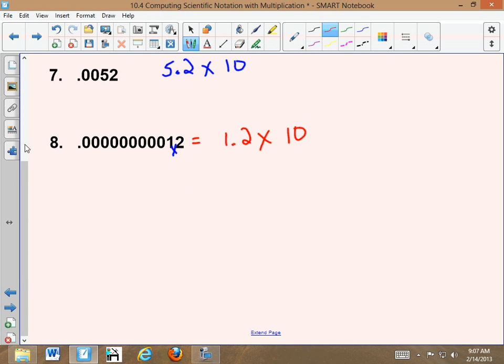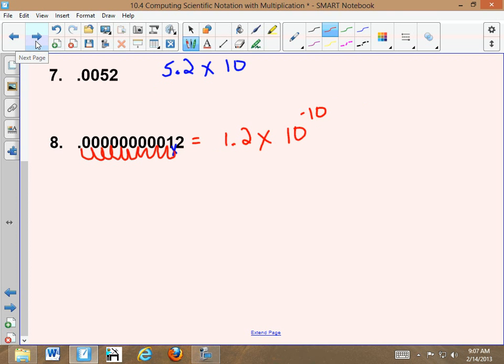What happened to all my zeros? They're just placeholders. They drop off. So now I need to move from the x. 1, 2, 3, 4, 5, 6, 7, 8, 9, 10 places. I move to the left, so it's negative 10.